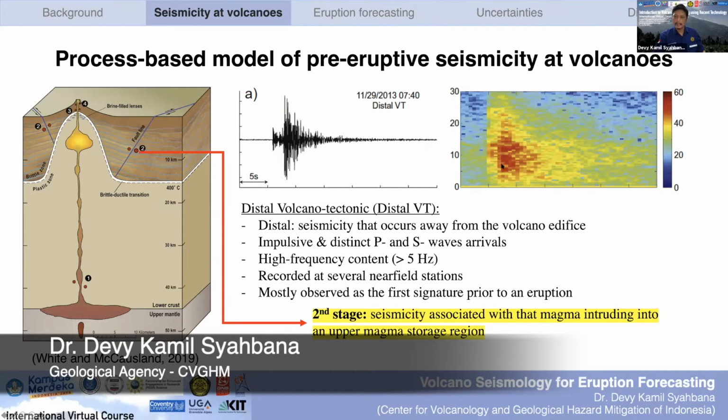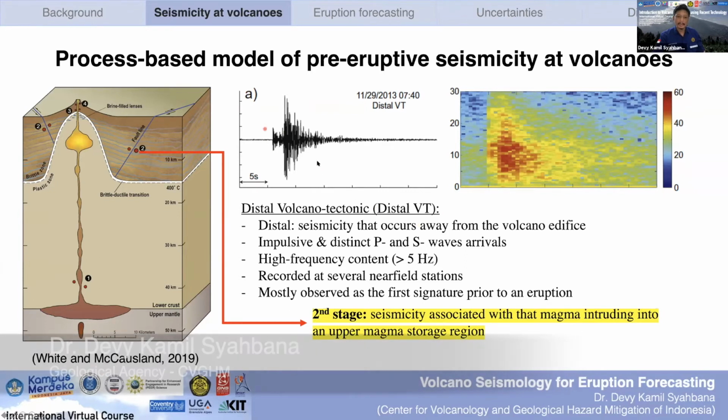Normally, for a high frequency event, it has like 5 to 15 Hertz in dominant frequency. And normally this kind of activity will be recorded at several nearby or near field stations. And at most volcanoes, the occurrence of distal VT is observed as the first signature prior to an eruption.